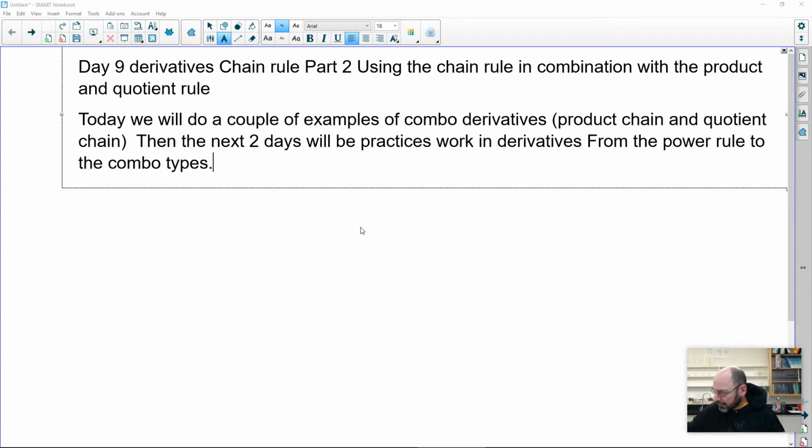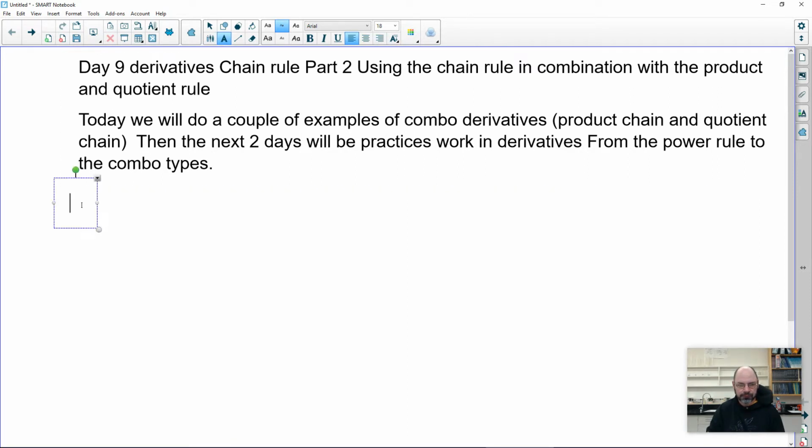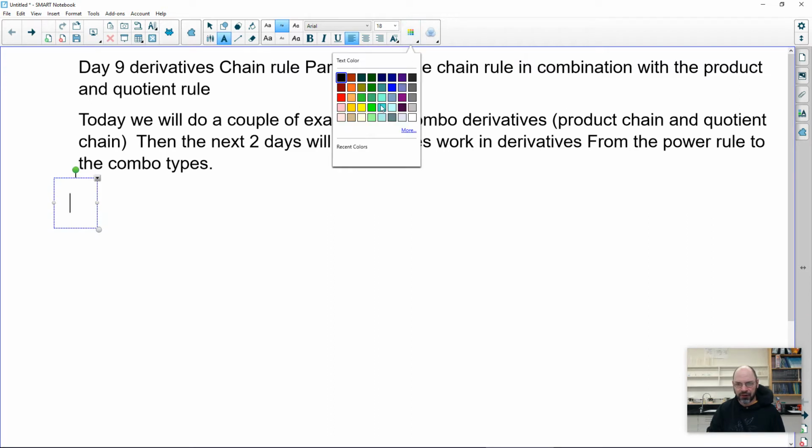Okay, so let's go ahead and do this. This is the more complex stuff, so we're going to do combination type stuff. Let's start off by titling the first type that I'm going to do here. Let's use a different color here.